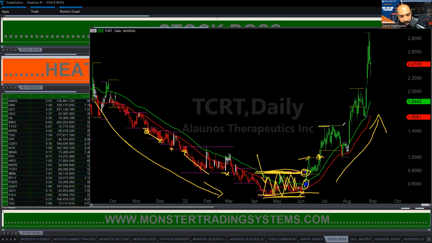Right here is resistance also. What phase is this when new buyers come in and break resistance? Still reaccumulation. Same reaccumulation. And then same thing here, reaccumulation.